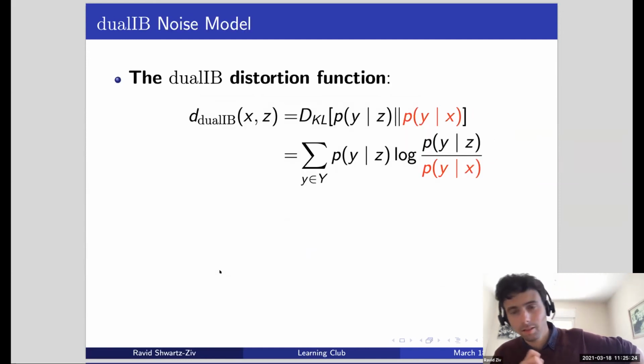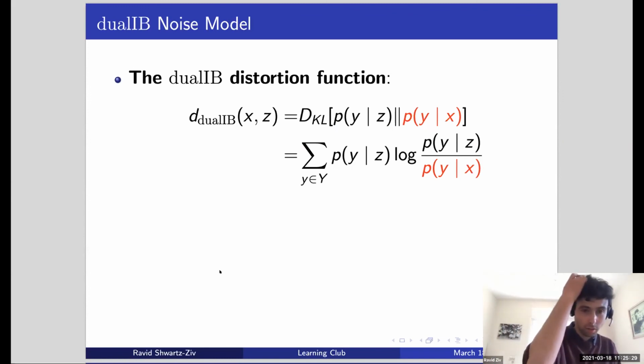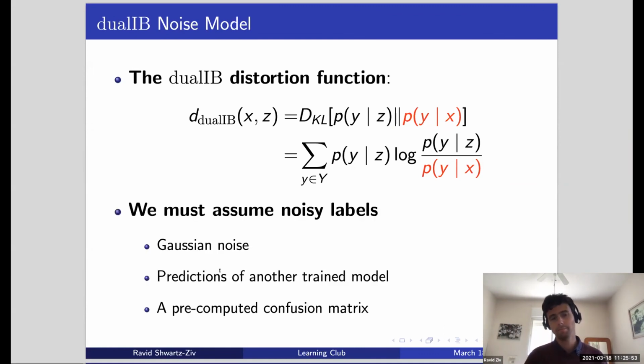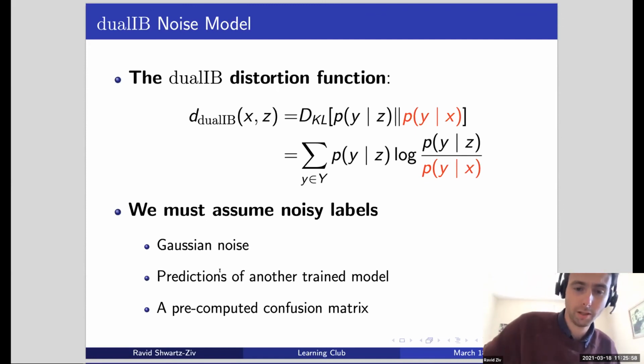The last thing that I wanted to talk about is the noise model. As you can see in the distortion function of the dual IB, P of y given x cannot be zero, so we must assume some noise model on our labels. There are several works that try to use noisy labels, but in this case we tried several models.